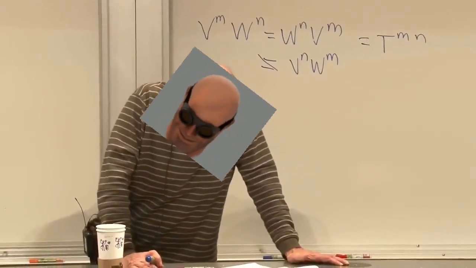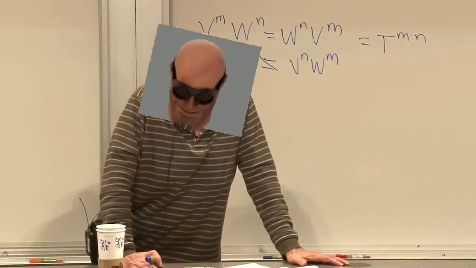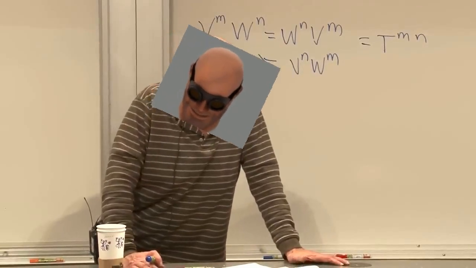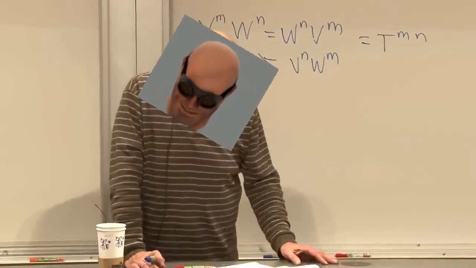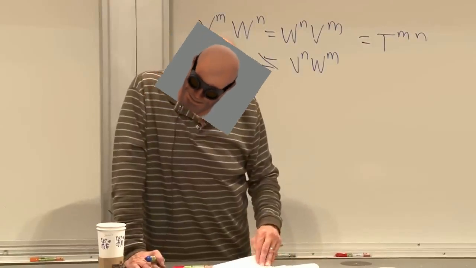There's nothing abnormal about multiplying components of vectors. They are just numbers. And when you multiply two numbers, you can multiply them in any order you like. Same with adding them.